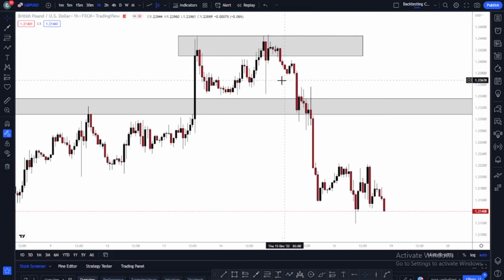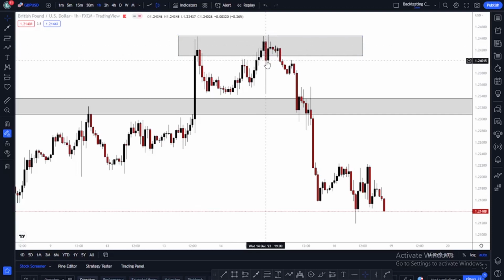But when price came into this zone, one thing I realized was, as price was approaching the zone, we saw a rejection. First rejection, second rejection, and it finally got into the zone. But when it finally got into the zone, what was the next candlestick that printed?